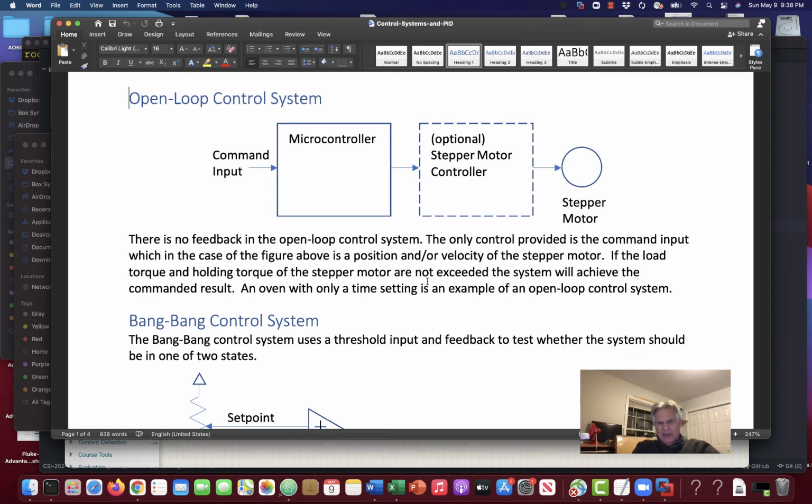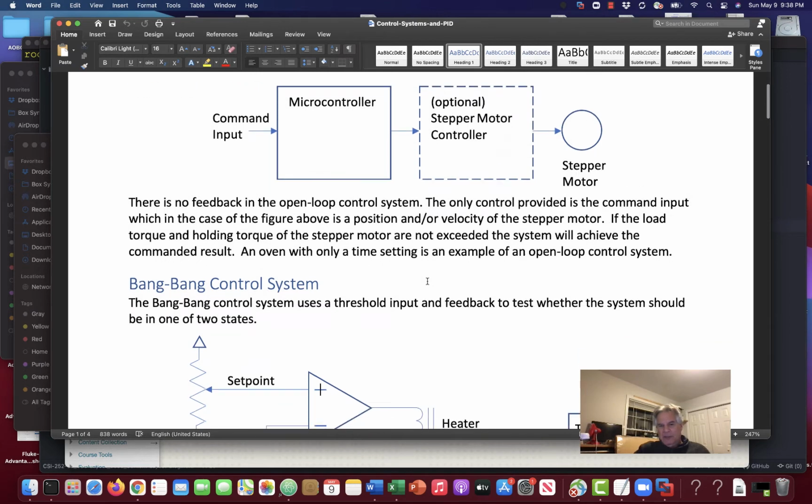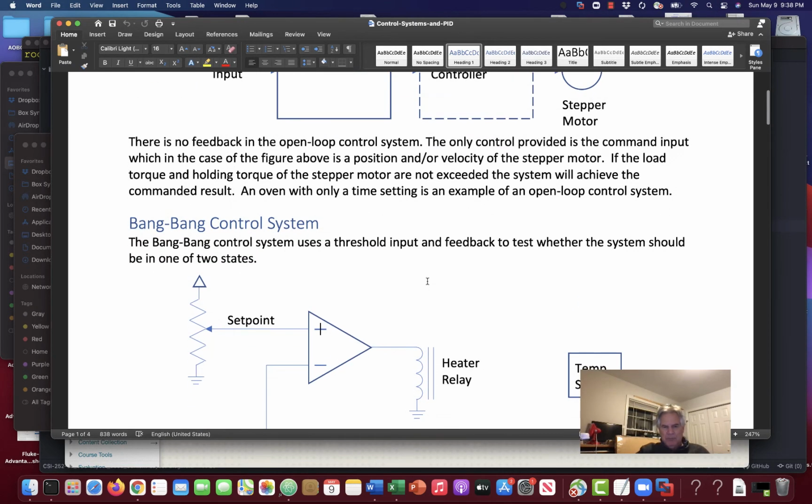Some of the toasters actually have some kind of thermocouple or thermistor in them, and when the toast reaches the temperature associated with number 5 on the dial, the toast pops up. So there may actually be some kind of control in some of those toasters, but some of them are just a setting for how much current goes through the heater or how long it goes through. But you get the idea.